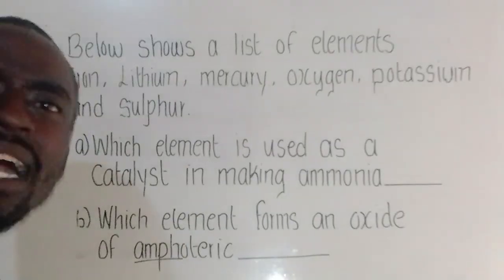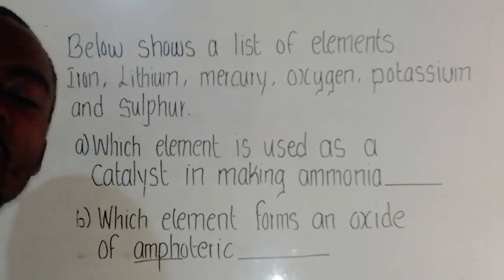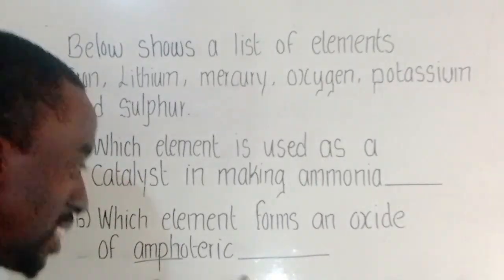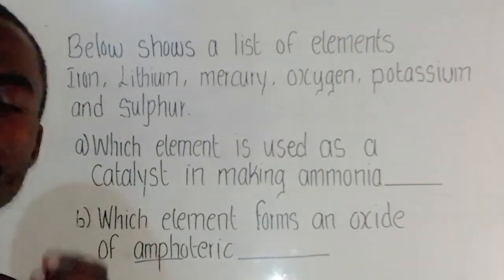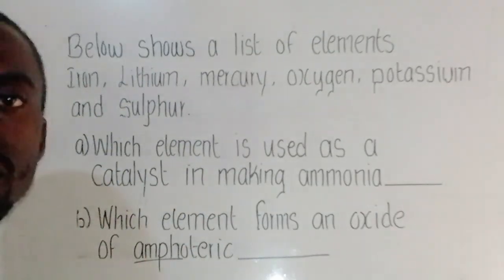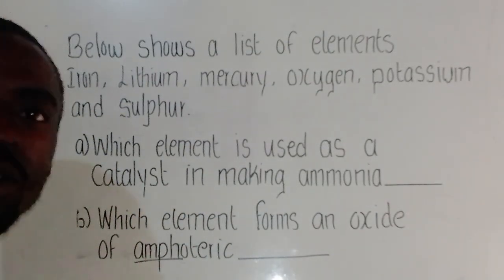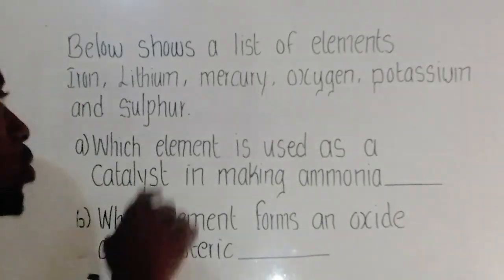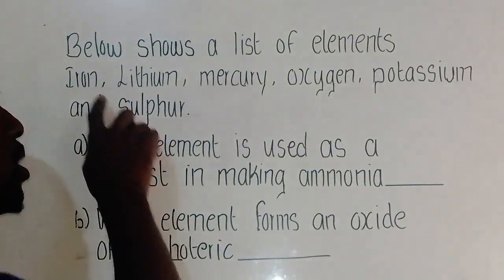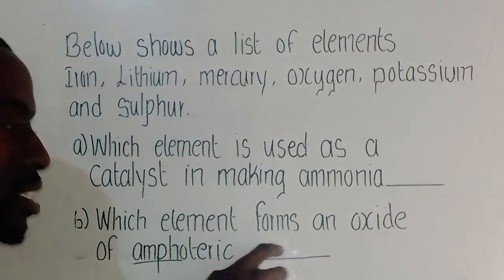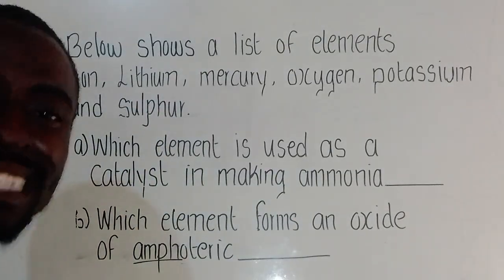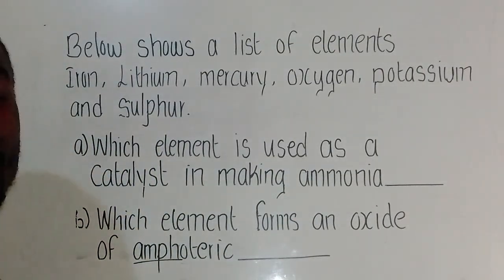Now you need to understand that these oxides, a combination of a metal with oxygen, are mostly formed from the transition metals, meaning the center block of the periodic table. So which elements are found at the center block of the periodic table? We have mercury and iron. So it simply means that the ones they want may be iron or mercury. Because for example, if I say iron oxide, it is an example of the amphoteric oxide.